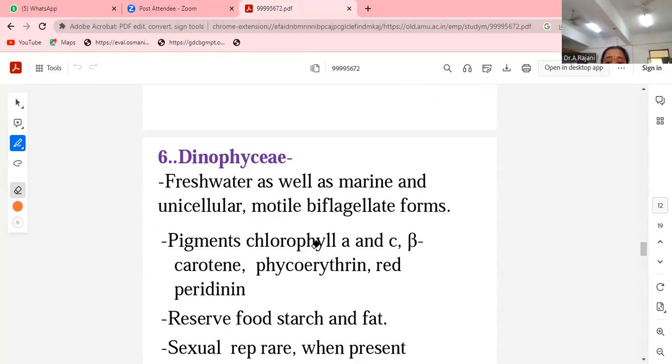Coming to the sixth one, Dinophyceae. The color is dark yellow or brown algae.